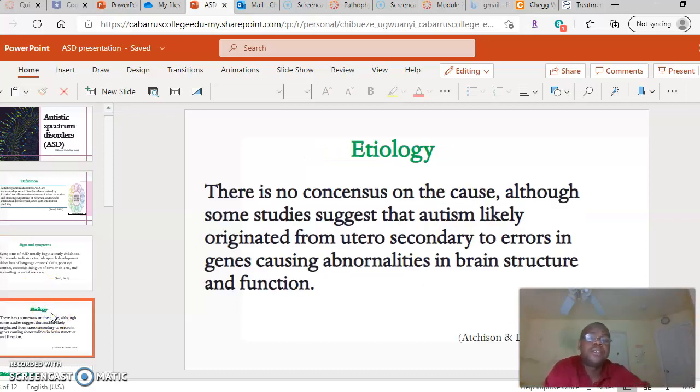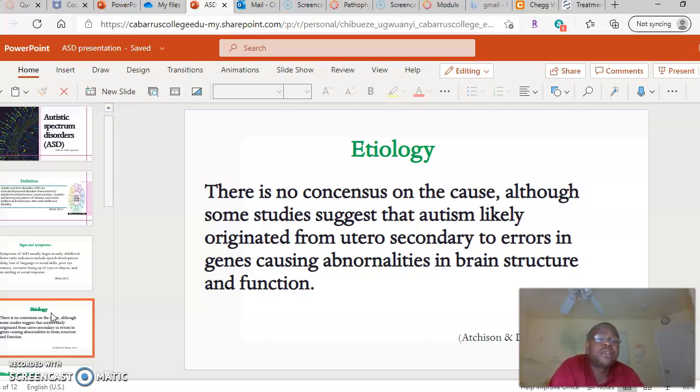So etiology: there is no consensus on the causes of autism at this point, although there is a strong indication that autism can be genetic. But some people still argue that it might have something to do with medical treatment.